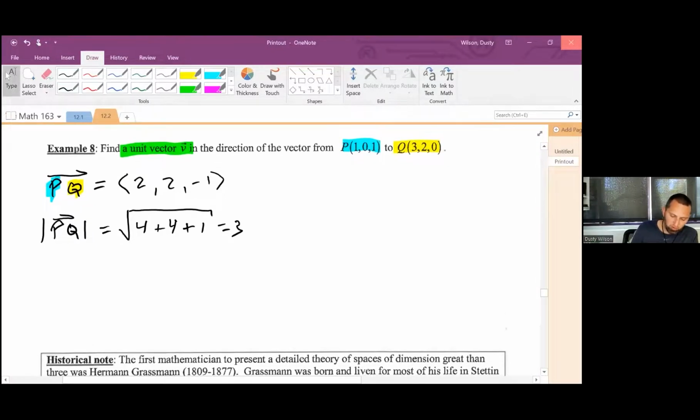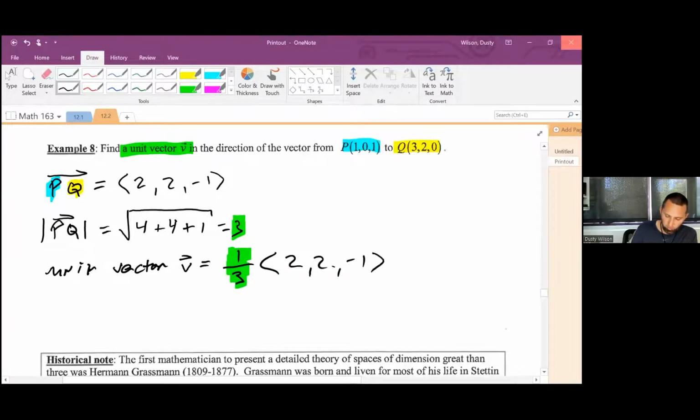This tells us that our unit vector v equals 1 divided by 3, the 1 over 3 coming from that 3 there, times the PQ vector, 2, 2, negative 1.